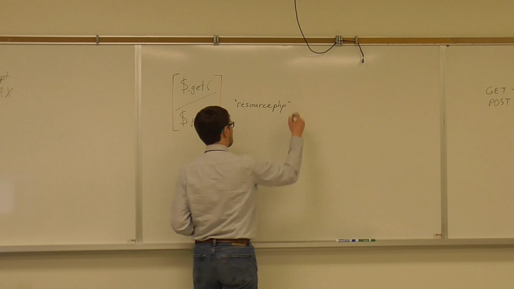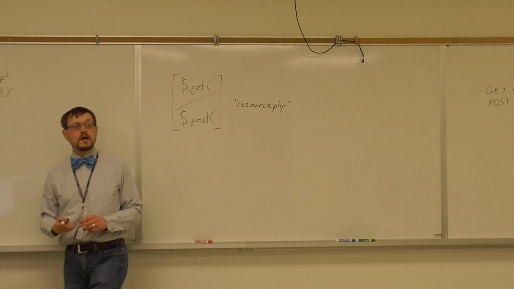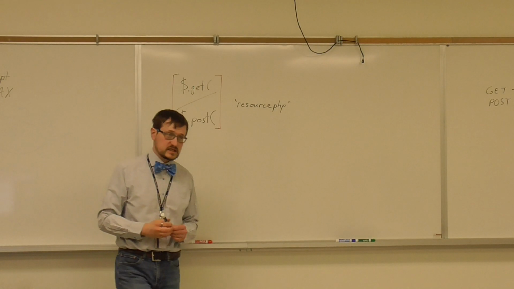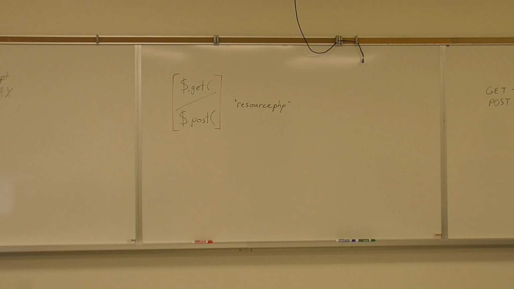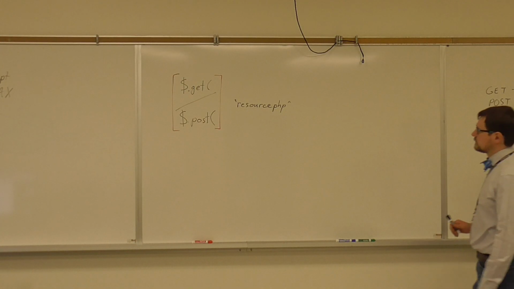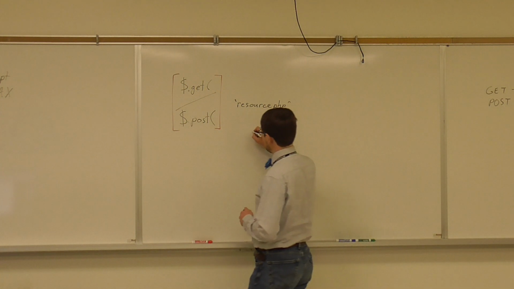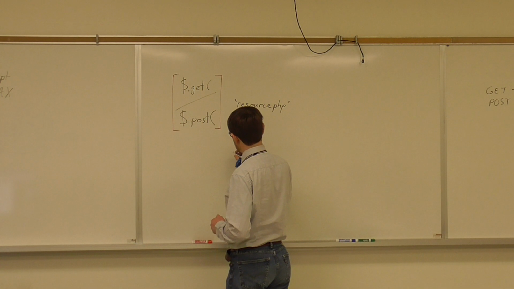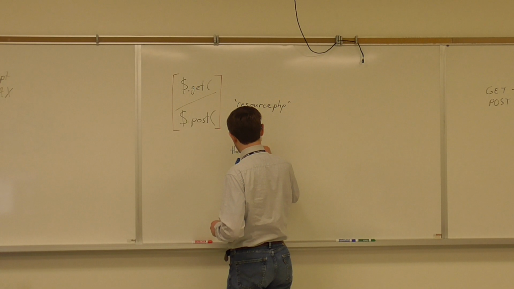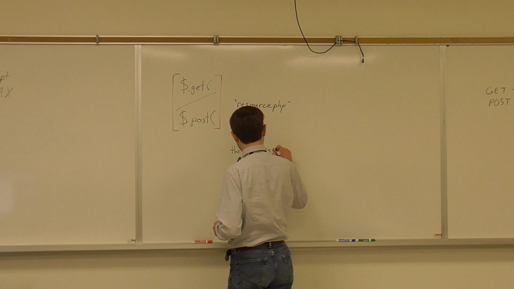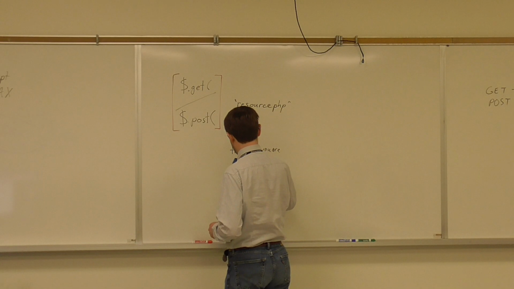I'm going to give it a PHP file extension because, again, most of the time that's what you're going to be accessing via AJAX. Certainly within the context of this course. The file you are requesting.